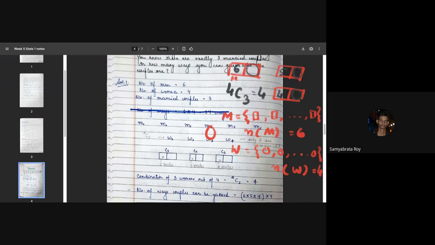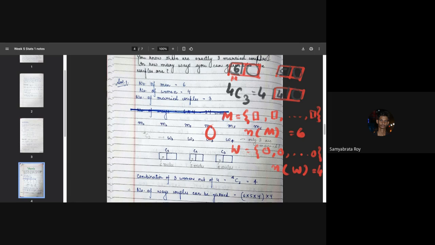Now tell me, I have 6 choices for the first man, I have 5 choices for the second man, I have 4 choices for the third man. Are these things happening simultaneously or separately?